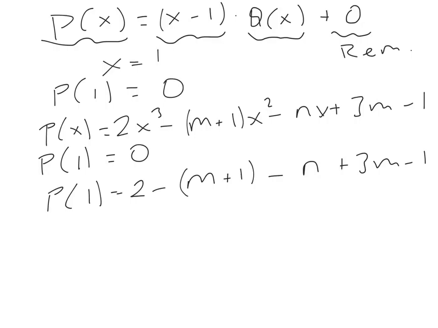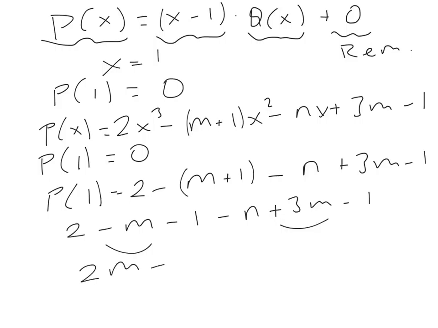So this expression must be equal to 0. Let's simplify this: 2 minus m minus 1 minus n plus 3m minus 1. Negative m minus m plus 3m is 2m, minus n. 2 minus 1 minus 1 is 0, and this will cancel out. This is 0.